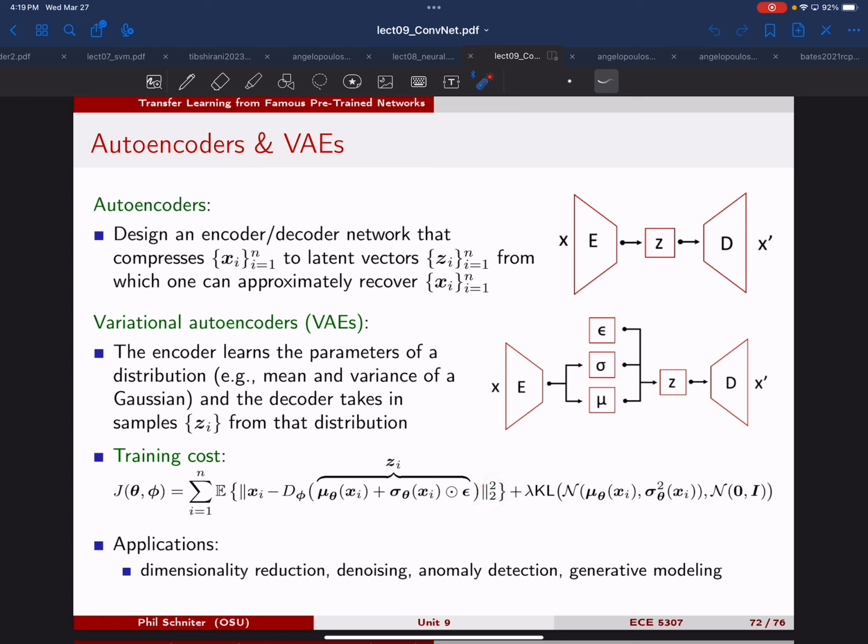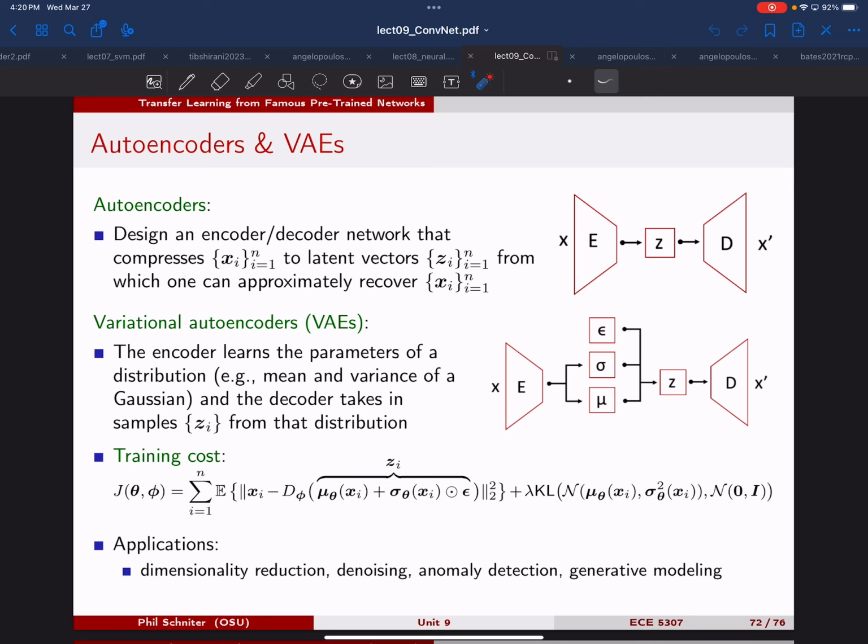But then you might want something else. You might want that these Gaussians, each with a particular mean and standard deviation, look close to a zero mean, unit variance Gaussian on average for all your training images. One way to do that is to use this KL, the Kullback-Leibler divergence, which is a way of comparing two distributions.